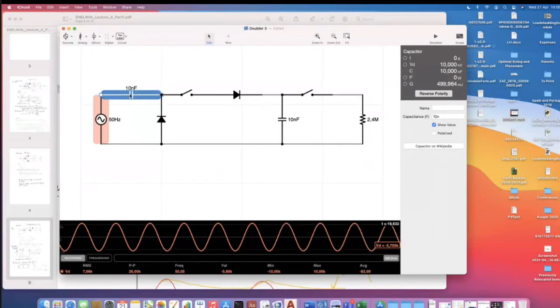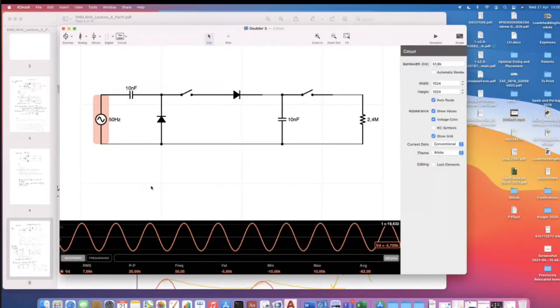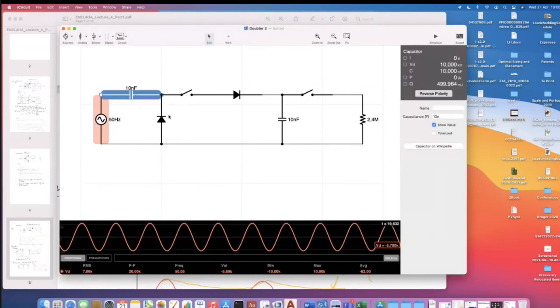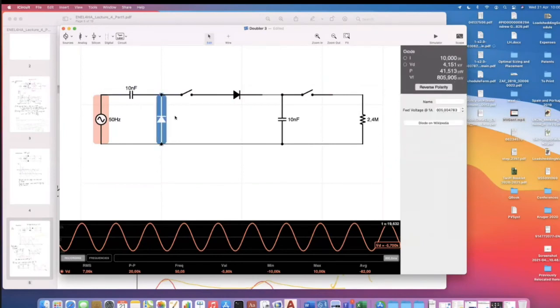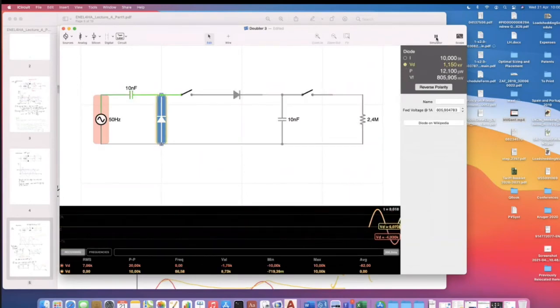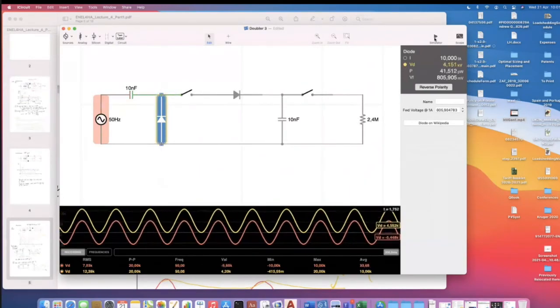We've got a capacitor over here this time, and then we've got a diode arranged from earth to your high voltage. So let's maybe have a look at the voltage across that diode.